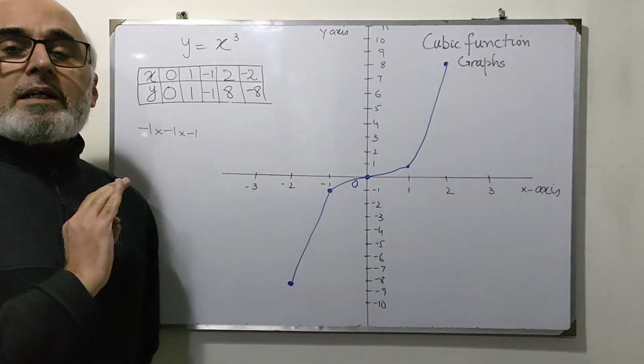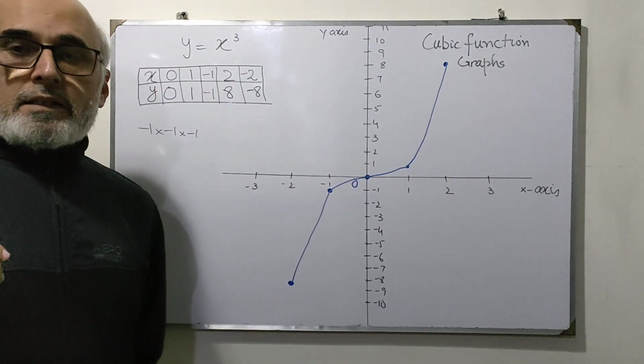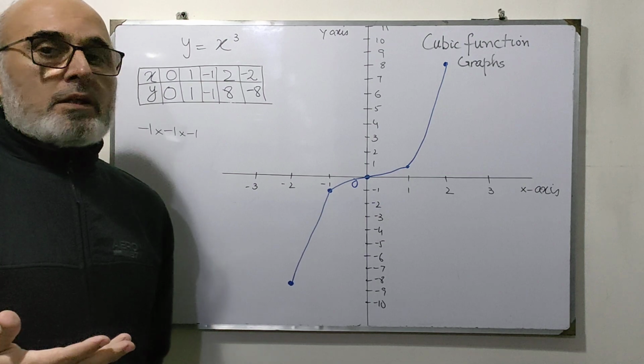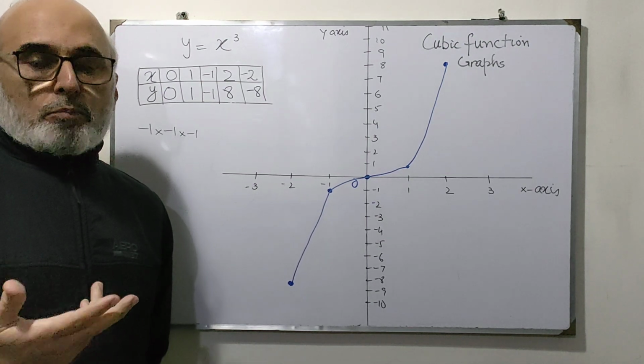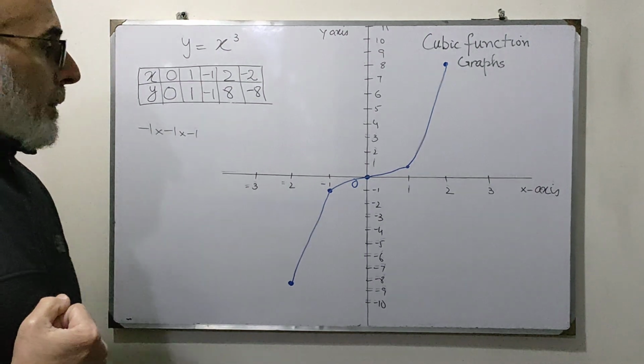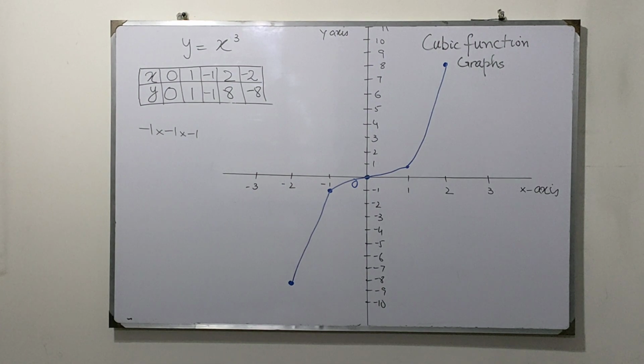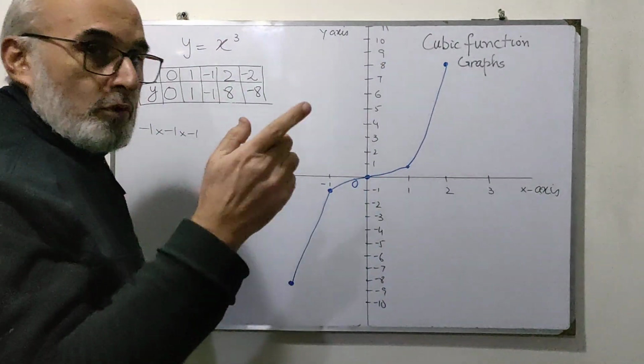Now let's make some changes to this function, and then we'll plot again the points and see what difference is coming, okay? And yes, one more thing before I erase this.